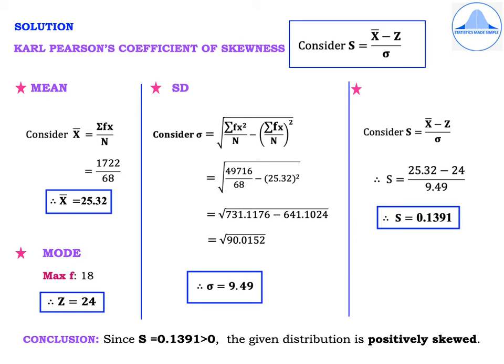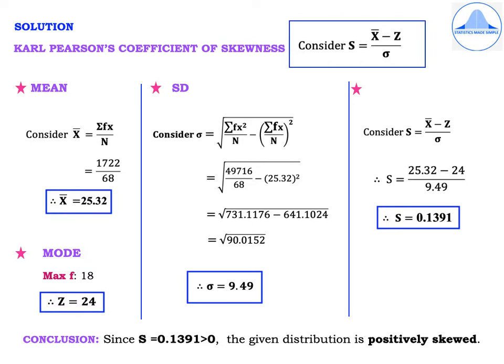Solution. First, write the formula for Karl Pearson's coefficient of skewness, that is, consider S equal to x bar minus z divided by sigma. So now we need to calculate the mean, mode and standard deviation for discrete data. So we have to use the appropriate formulae. Starting with the mean, write the formula for mean for discrete data.